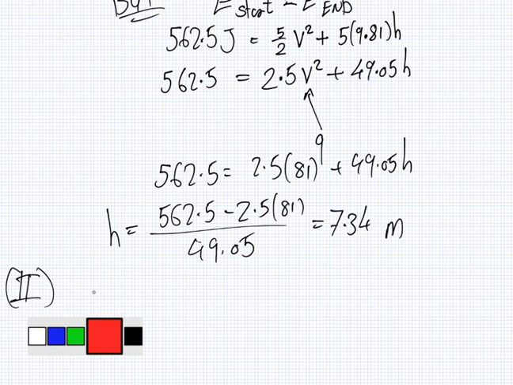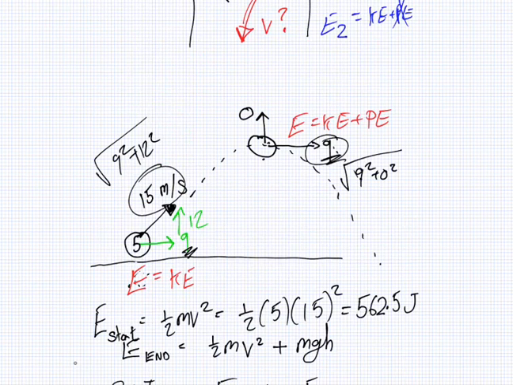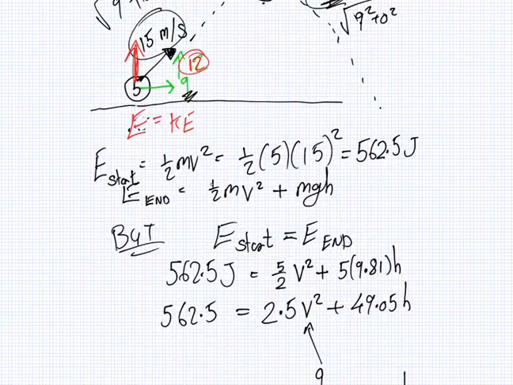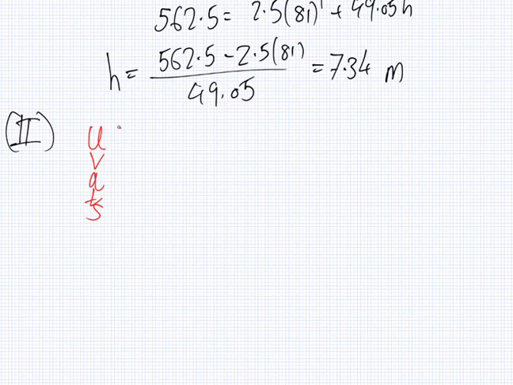So we have UVATS. So if I go back here, vertically, what's the U? It's 12. Yes? What's the V? This is in the Y. 0. What's the A? Minus 9.81.